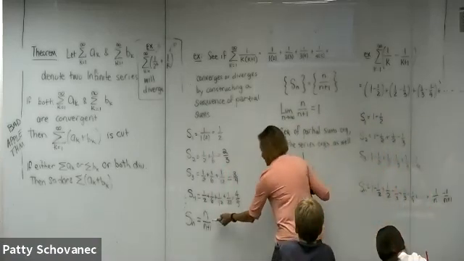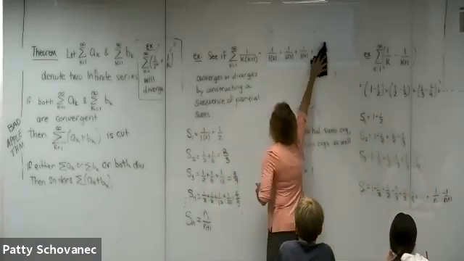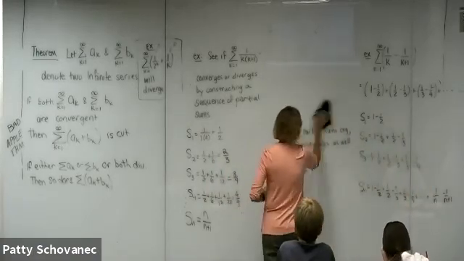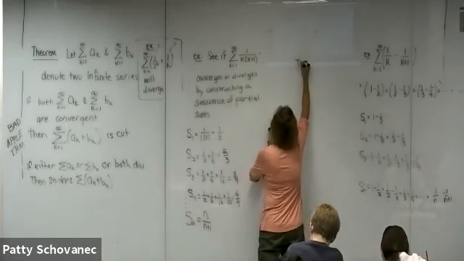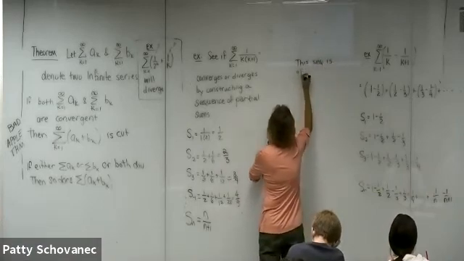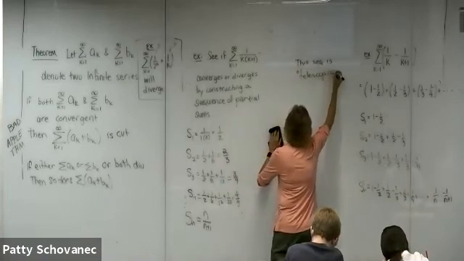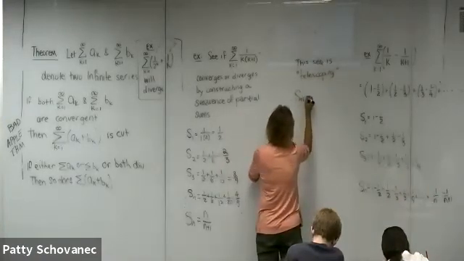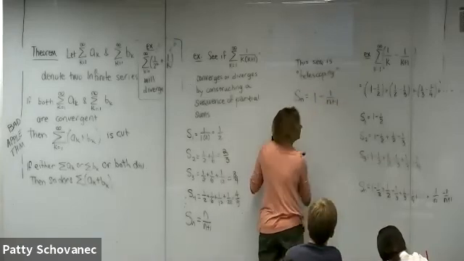So this thing here also is the same as that. So another way of looking at that one is that Sn, this sequence, is telescoping. So we can predict that Sn is going to look like 1 minus 1 over n plus 1.